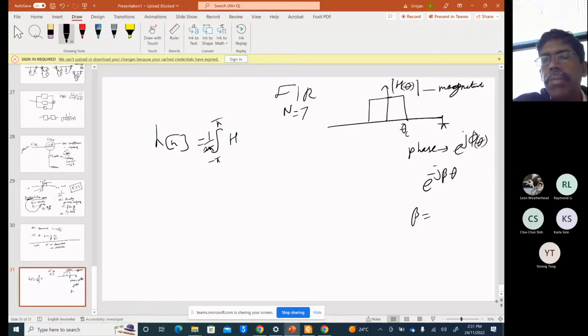So beta will be (N minus 1) by 2. Then you know the phase response.